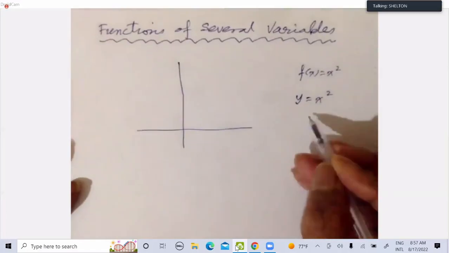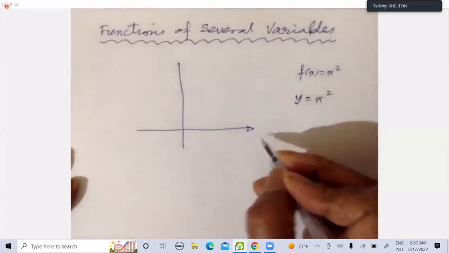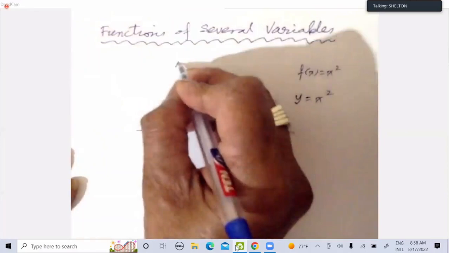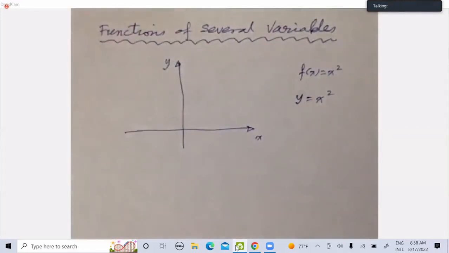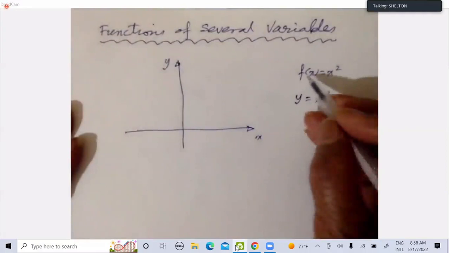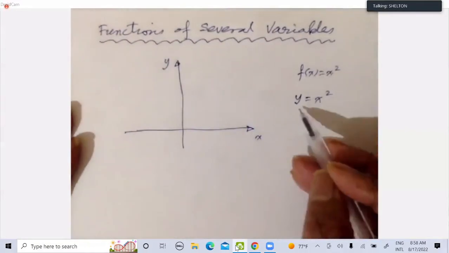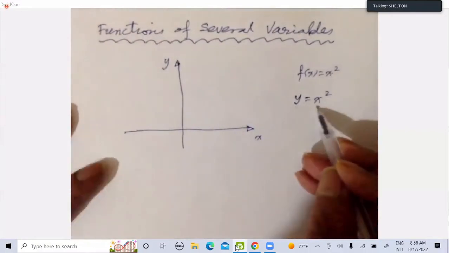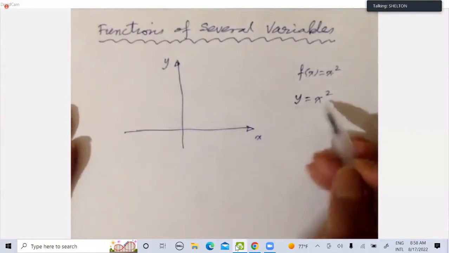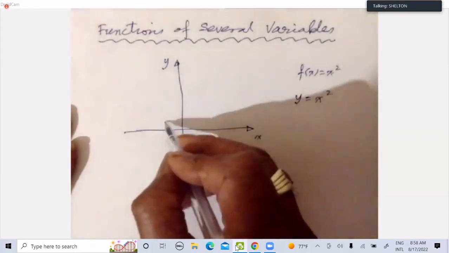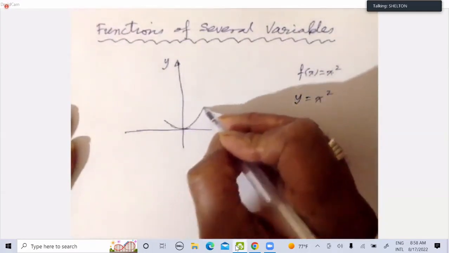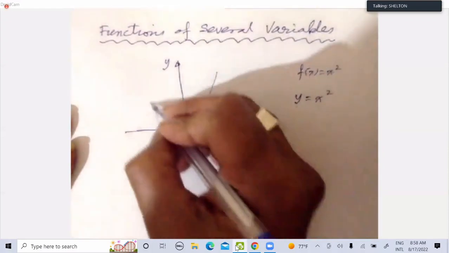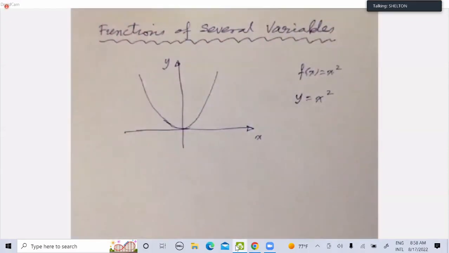The graph of this function lies in the xy plane. We know the graph of this function is the same as the graph of this equation. Then we plot that on the xy plane. We know we get a parabola like this. That is the single variable case.